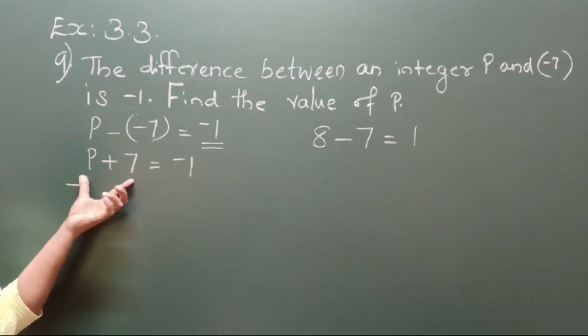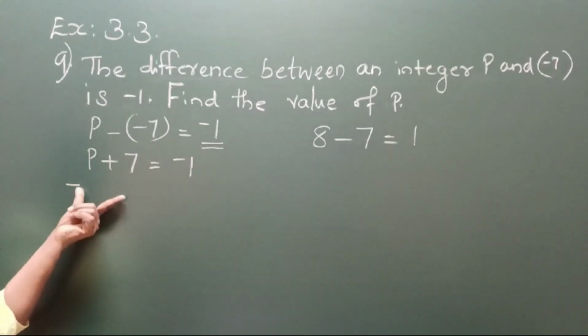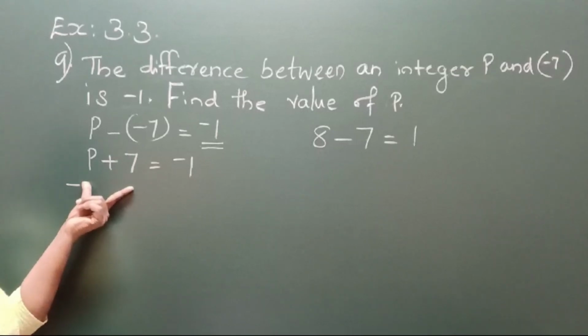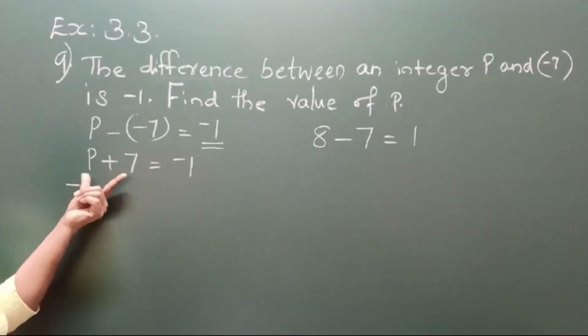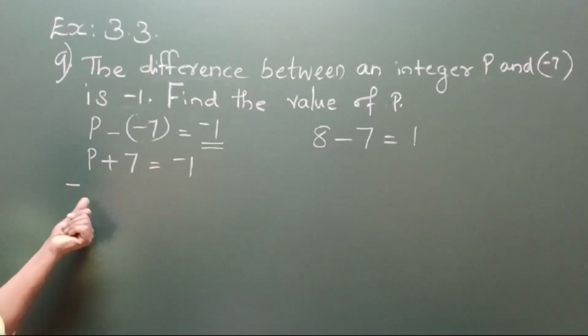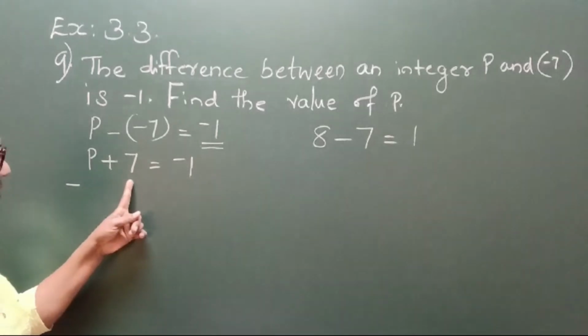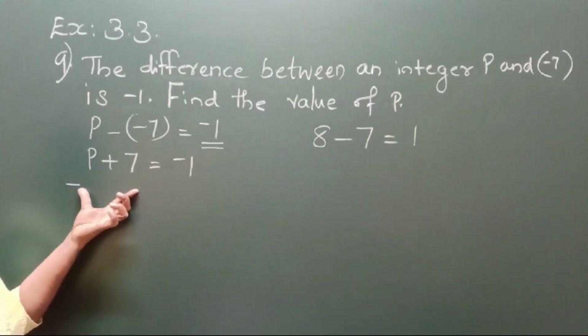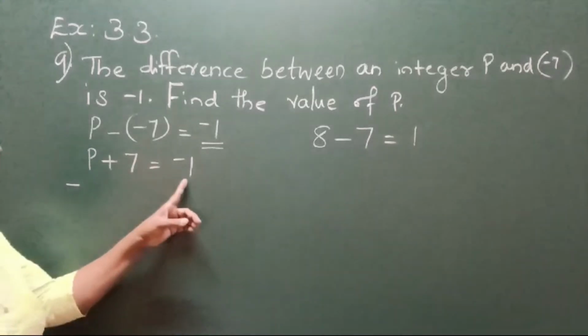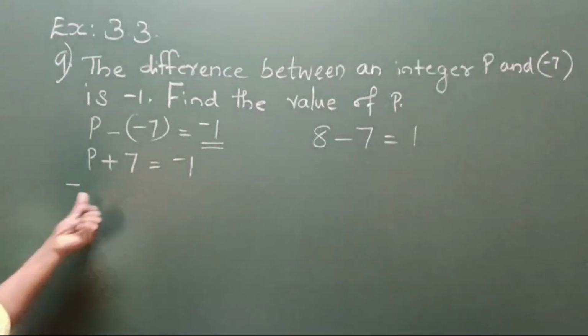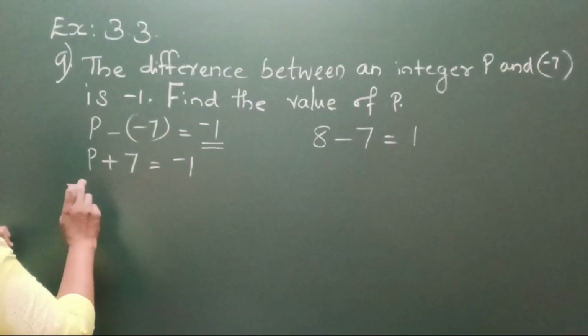Because when it is a negative integer and a positive integer, they are different integers, we have to find the difference. Then we have to get the answer 1. So this p should be greater than this 7.